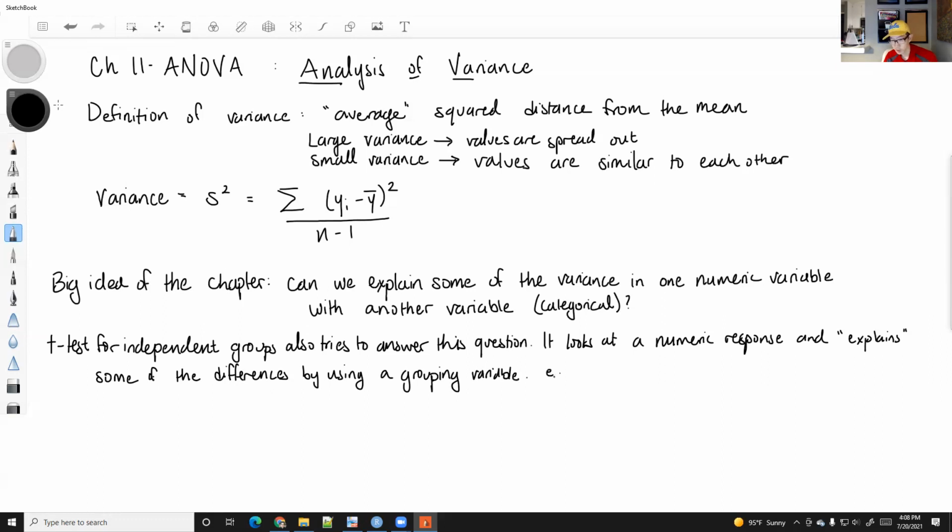And, for example, you might conclude group 1 has a larger mean than group 2.